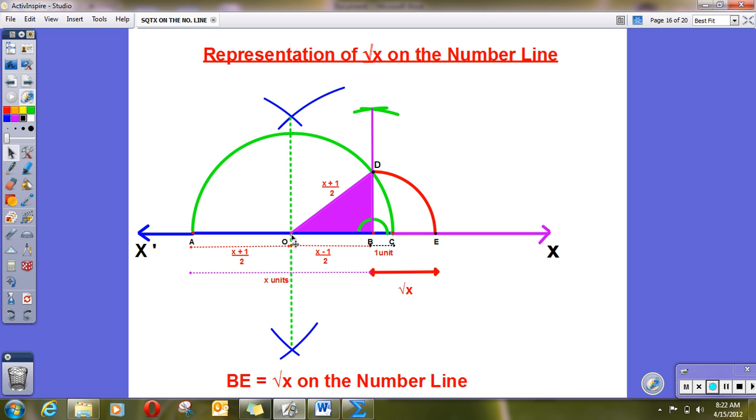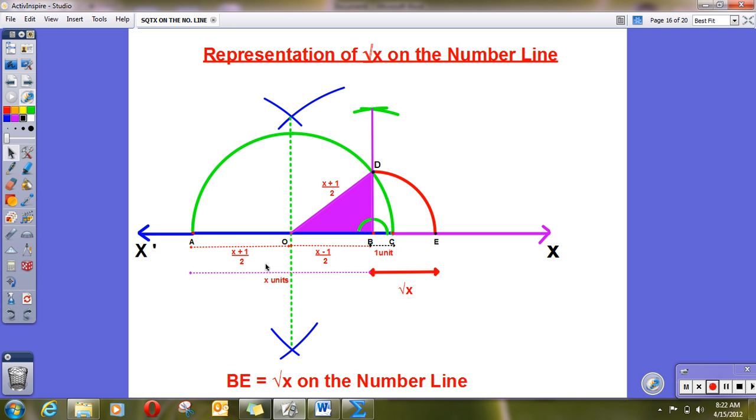That meant OA was equal to OC, which was equal to (x plus 1)/2.